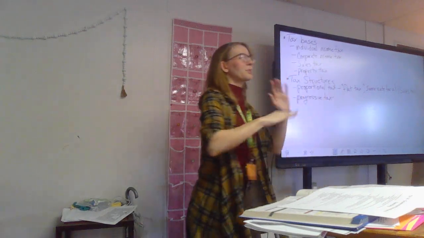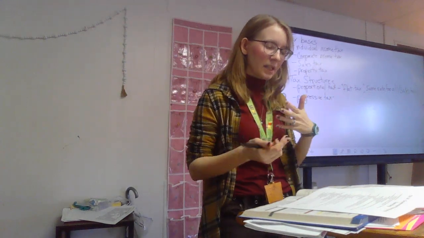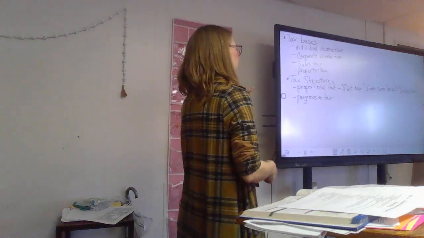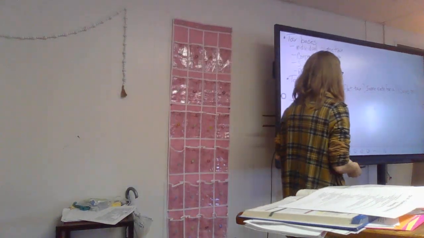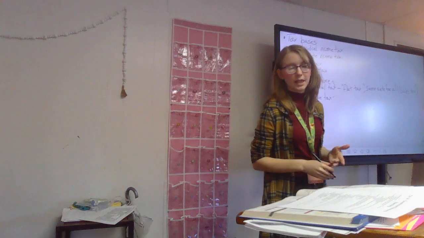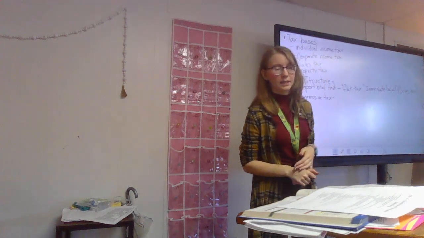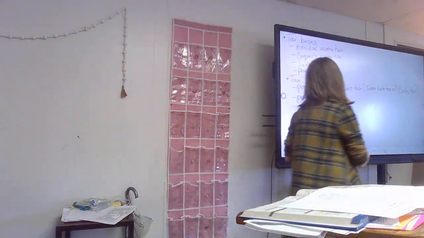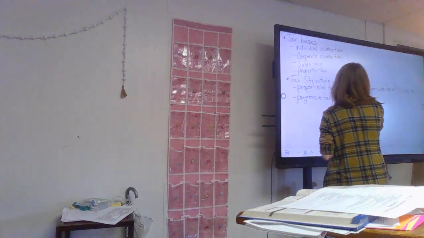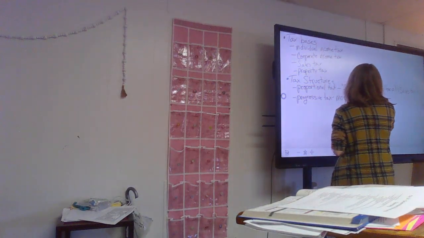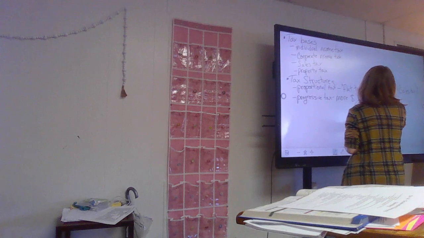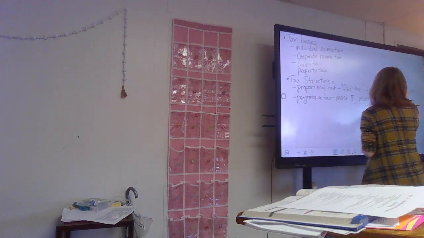And this is as you progressively make more money, you progressively pay a higher percentage in tax. And that's how our income tax works, although it's a little more complicated than it sounds. So, more money, more tax percentage.